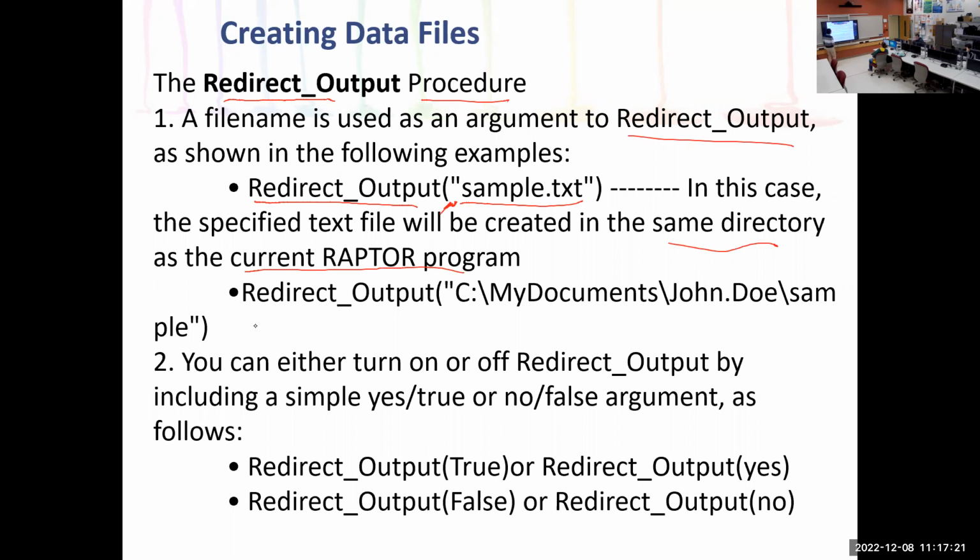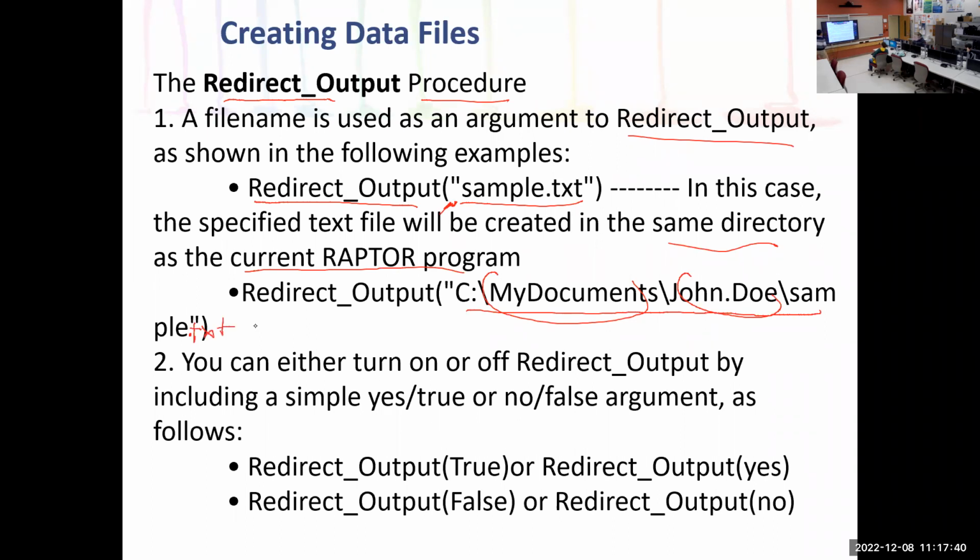Or you can use the whole path here to specify where you want to store it. So think about you want to store it in My Documents and then the sample folder here.